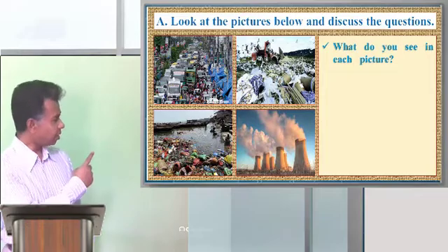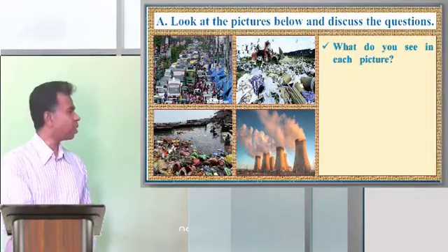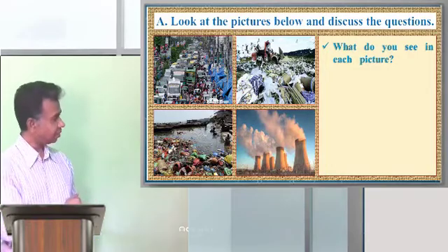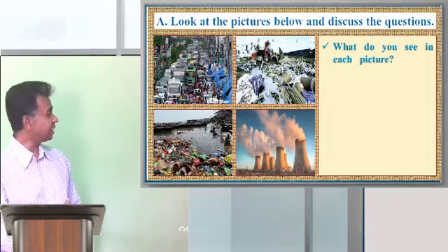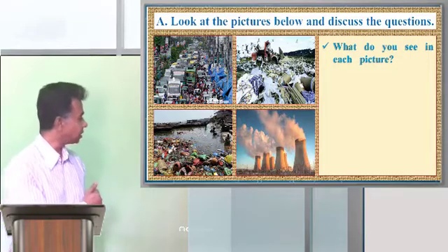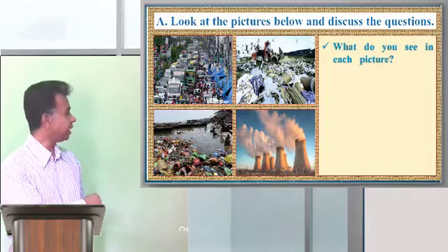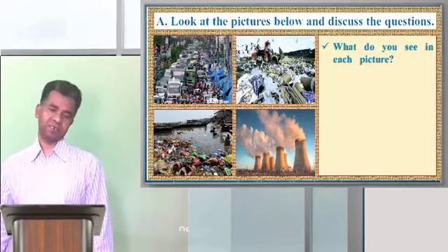And picture number 3 represents water pollution. And picture number 4, what do you see? Picture number 4, we can see brick fields where smoke is being emitted which causes air pollution.